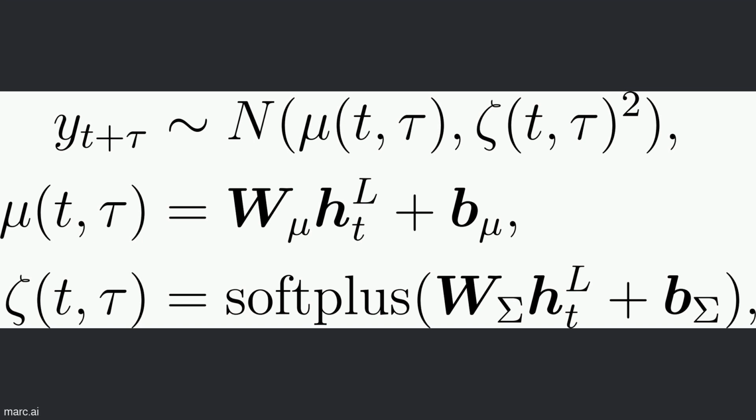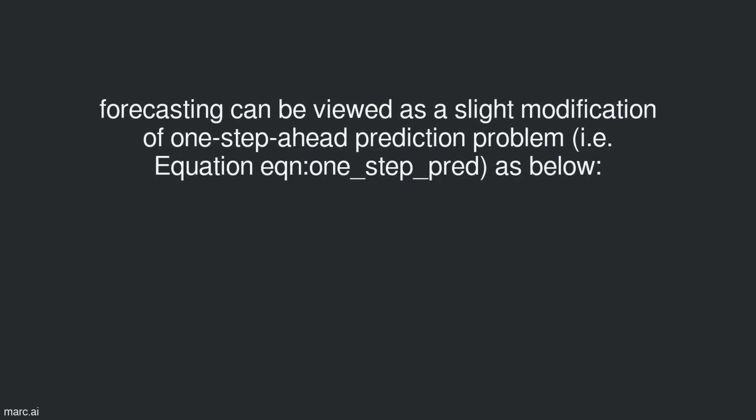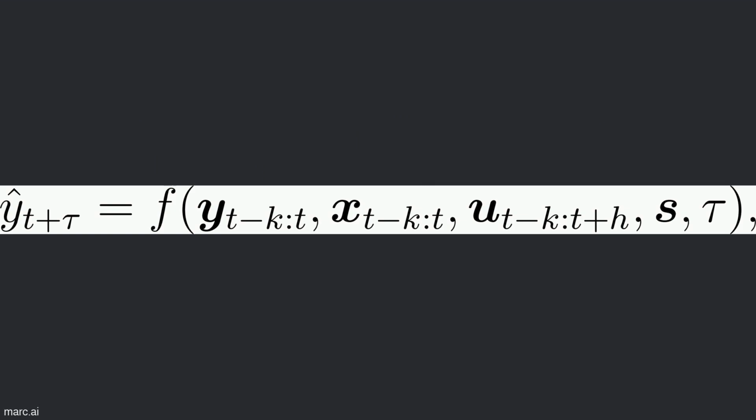From a statistical perspective, multi-horizon forecasting can be viewed as a slight modification of the one-step-ahead prediction problem, i.e. the equation as below, where l max is a discrete forecast horizon, xt are known future inputs, e.g. date information, such as the day of week or month, across the entire horizon, and xt are inputs that can only be observed historically. In line with traditional econometric approaches, deep learning architectures for multi-horizon forecasting can be divided into iterative and direct methods, as shown in the figure and described in detail below.